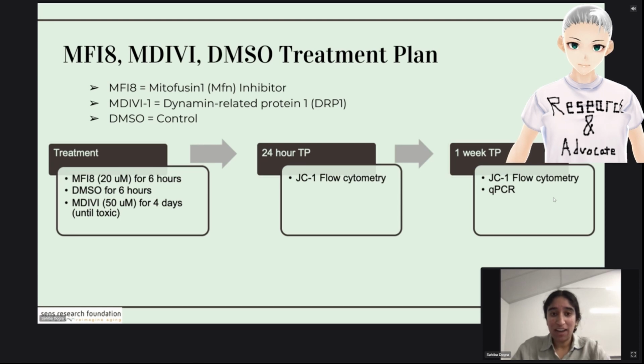And finally, we have DMSO, which is our negative control. And so after treating for a certain amount of time that we found according to the literature, we used JC1 flow cytometry and qPCR to test whether we have functional recovery and reduced mitochondrial mutation loads.